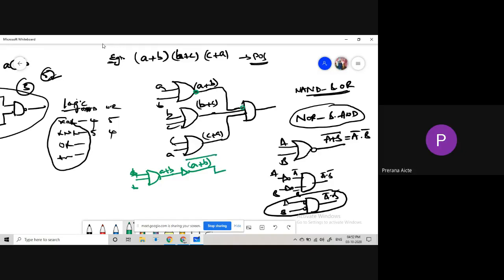Taking another NOT gate, again it is A plus B. Similarly, taking B and C gives B plus C, and applying a NOT gate gives B plus C whole bar.